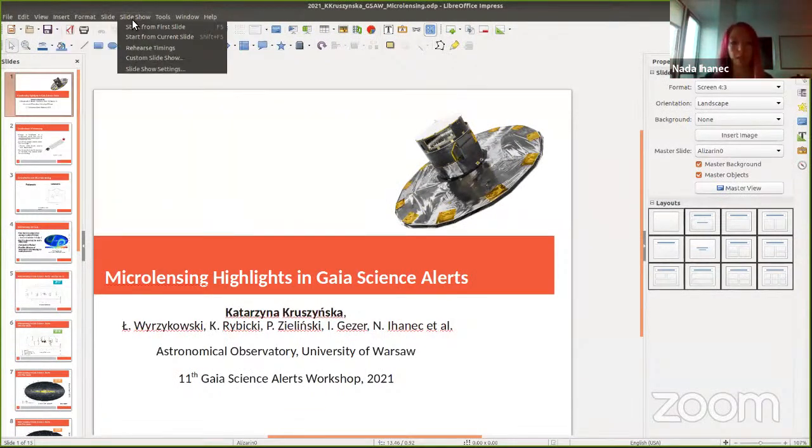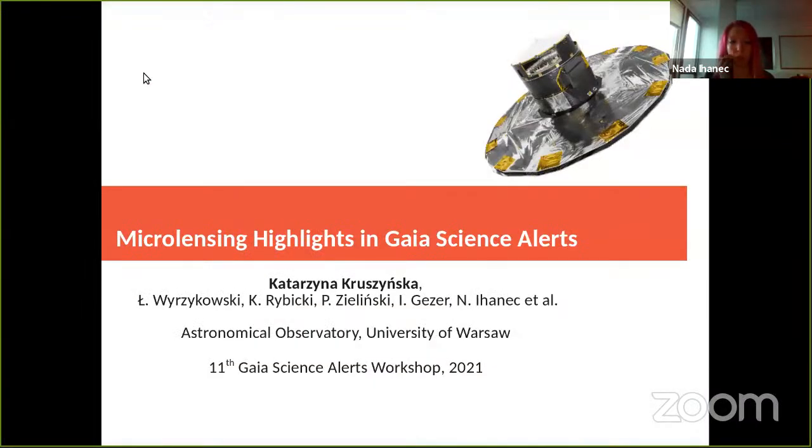Hi, yes, I have a question regarding the criteria that you have for a transient. You mentioned that you have quite a lot of false positives. How do you distinguish, what's your criteria to define something as a candidate supernova?